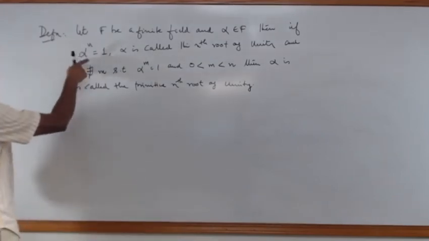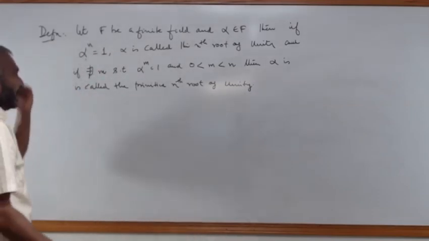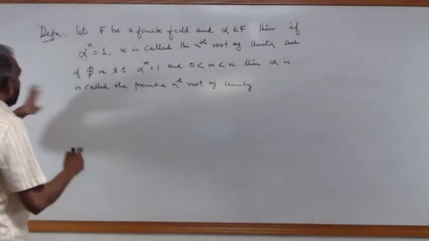Definitely alpha is not equal to 0, because if it is 0, this will not satisfy. So 0 is not an nth root of unity. We'll do an example here.